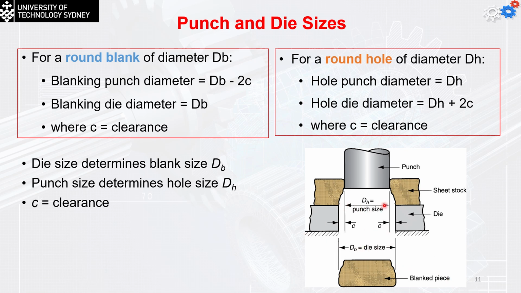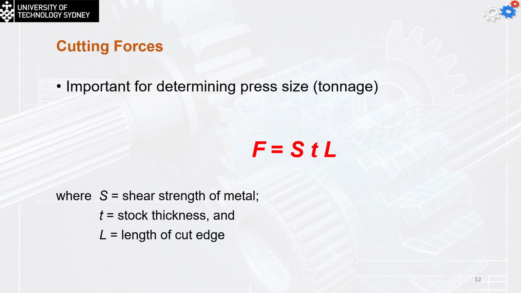You can see that this is the diameter of the hole, this is the diameter of the die, and this will be the sheet metal thickness we're talking about. These are the two clearances we're talking about. So the die size determines the blank size, and the punch size determines the hole size, where C is equal to the clearance. Once again, we're going to have questions on how to apply these values.